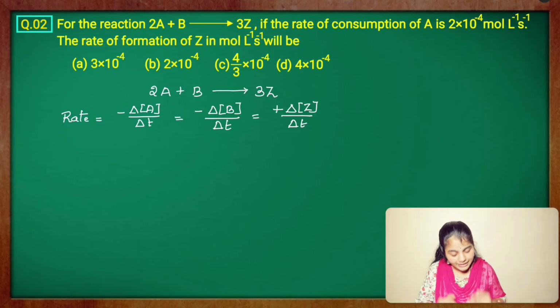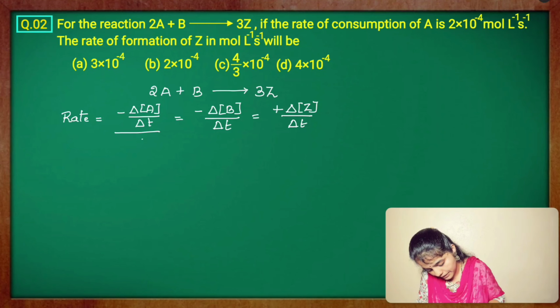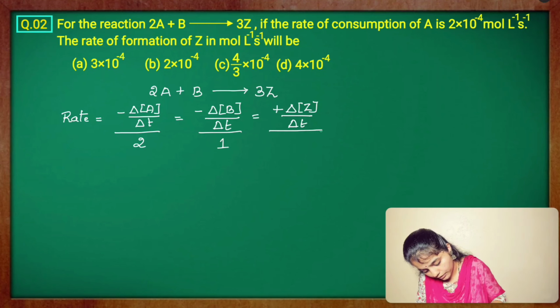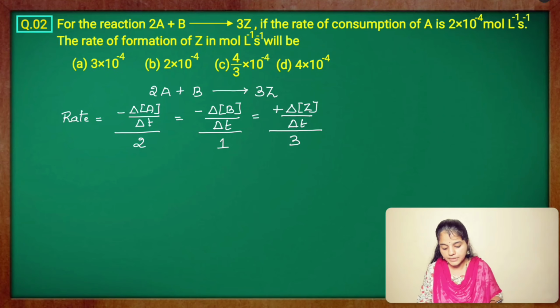Don't forget, let us write them in the denominator. Here for A the stoichiometric coefficient is 2, for B it is 1, and for Z it is 3.